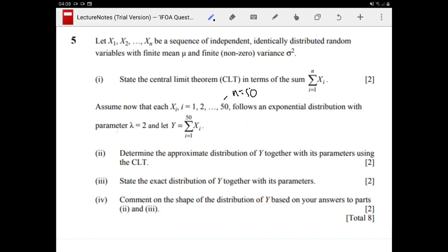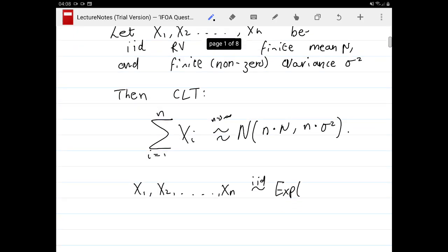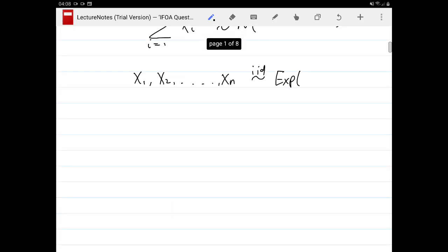Now this is important. They are giving a parameter lambda equals 2. There are two versions of the exponential distribution depending on what parameter you specify. We've learned the parameter beta with our exponential distribution, and this is equal to 1 over lambda. So you can either give a lambda or a beta, and you can figure out the other based on this relationship.